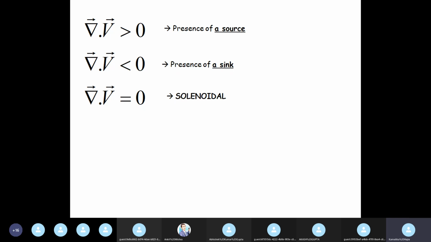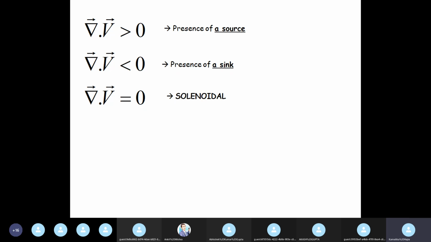Suppose 10 people entered the room through the back door, and the number of people coming out through the front door is more than 10, say 15 people are coming out. How can that happen? Only if there is a third door through which more people have entered and joined the 10 people who had entered through the back door. Only then will there be 15 people coming out, whereas 10 people had entered.